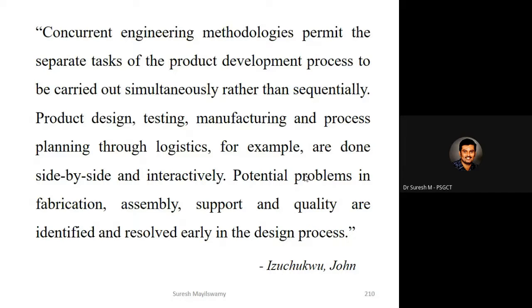Concurrent engineering methodologies permit separate tasks of the product development process to be carried out simultaneously rather than sequentially. Product design, testing, manufacturing, and process planning through logistics, for example, are done side by side and interactively. Potential problems in fabrication, assembly, and quality support are identified and resolved earlier in the design process.